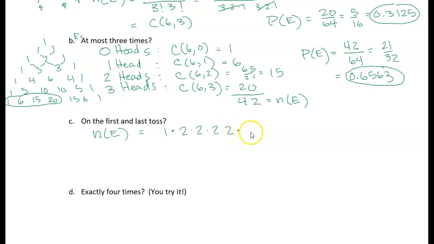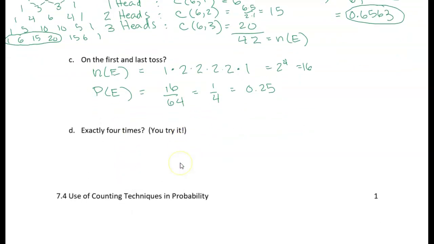But then on the last toss, we have to get a heads, so there's only one option, right? So basically we just have 2 to the 4th if we restrict the first and last toss to being a head. So that gives us 16 different ways that could happen, just using the multiplication principle. So the probability of that event happening is 16 out of 64, which is 1/4, which is 0.25, or 25% chance, 1/4 chance. Okay.